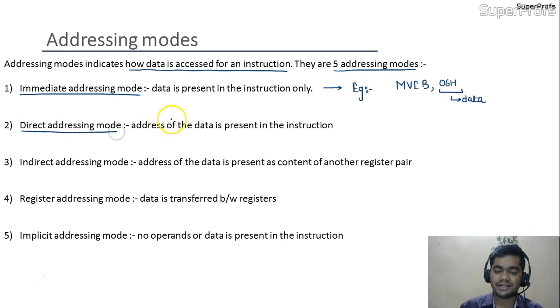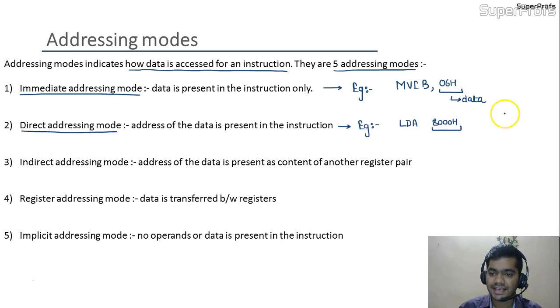Second is direct addressing mode, in which the address of the data is present in the instruction. For example, LDA 8000H. What this instruction means is that the data present at this address inside the memory would be transferred to the accumulator.